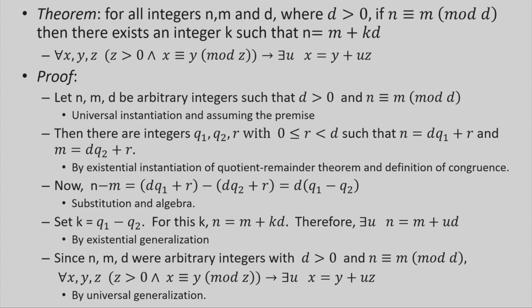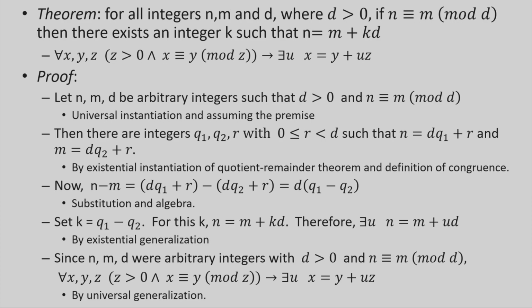It's a pretty messy slide because I tried to get the whole thing on one slide, but let's go through it in pieces. The theorem that we will be trying to prove is that if any two numbers n and m are congruent mod d, where d is some number, then there is an integer, let's call it k, such that one number is equal to the other number plus d times that integer.